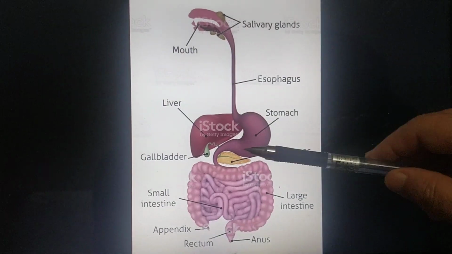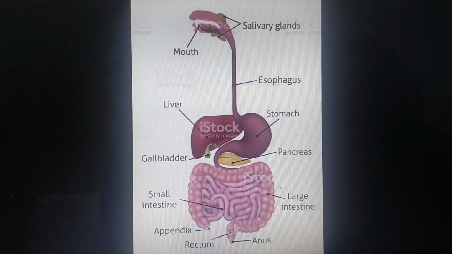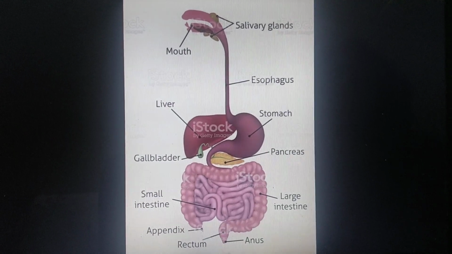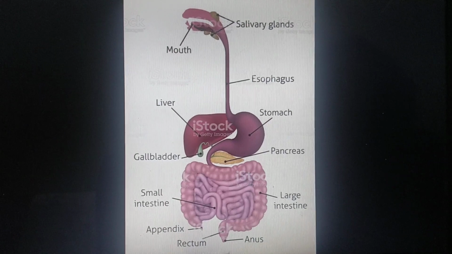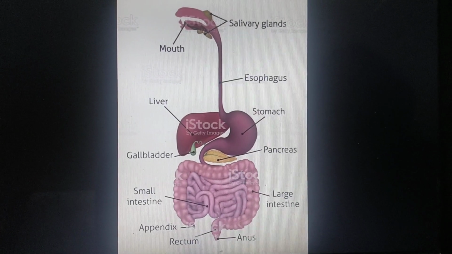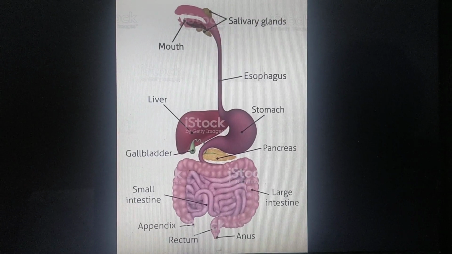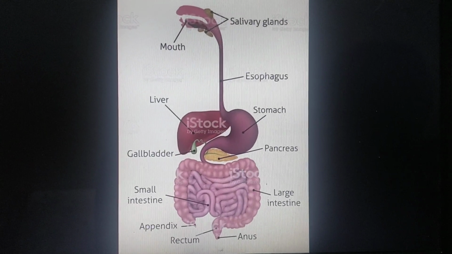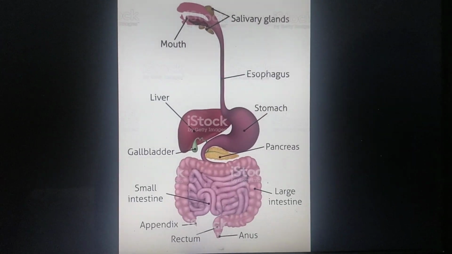Then both pancreatic juice as well as intestinal juice contain all the enzymes: protein digesting enzymes, lipid or fat digesting enzymes, as well as carbohydrate digesting enzymes. They digest carbohydrates, proteins and fats and convert these into simpler food.